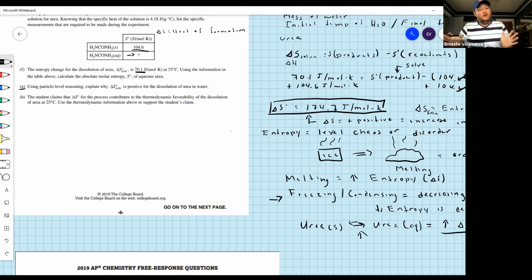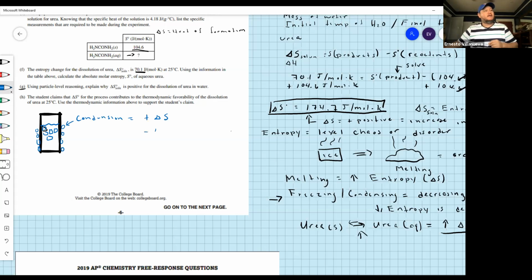But now you understand what entropy is, at least I hope you do, right? If I have ice water, and on the exterior of the ice water I begin to form condensation, condensation from the air, would this have a positive entropy or a negative entropy?